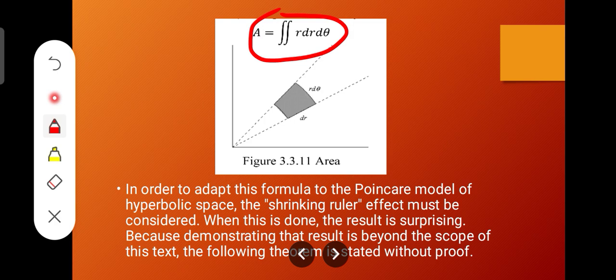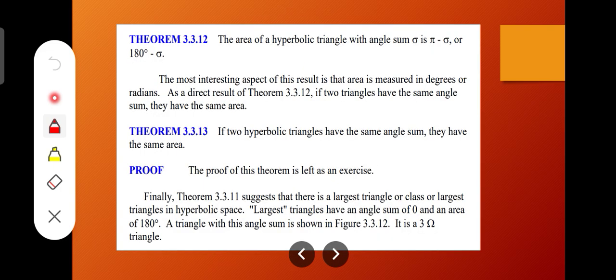This is theorem 3.3.11: the area of a hyperbolic triangle with angle sum sigma is pi minus sigma, or in degrees, 180 degrees minus sigma. The most interesting aspect of this result is that area is measured in degrees or radians.